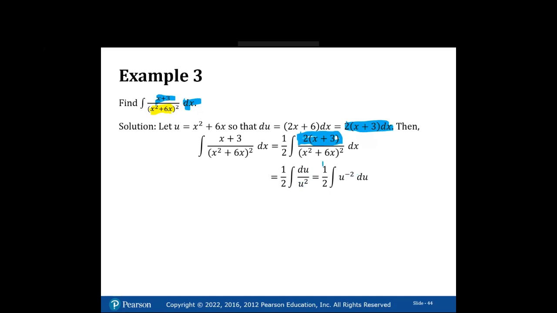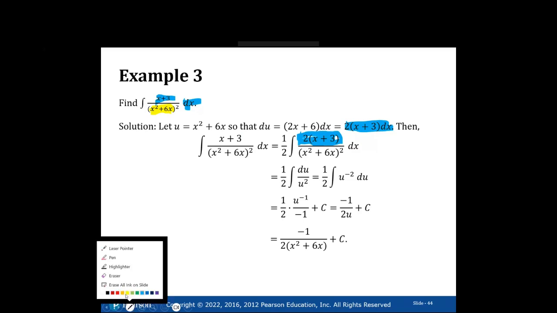Like we can keep doing this. Negative 2 gives me the power rule again. Now, if it's negative 1, that's something different, and we'll do one of those. So here I replug in u for this x squared plus 6x. So I'm just plugging that u back in. And that's your final answer.